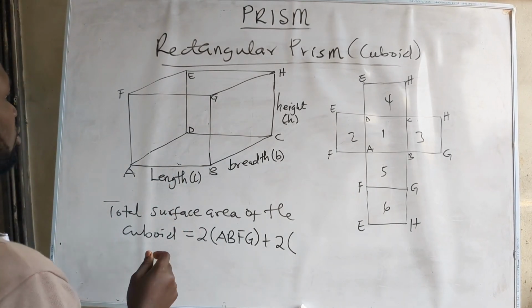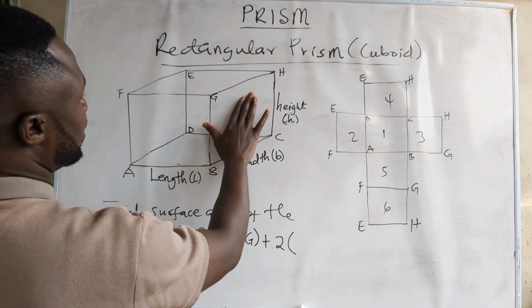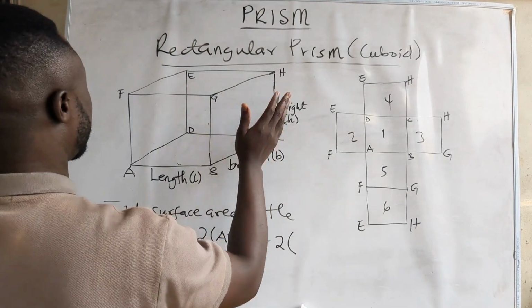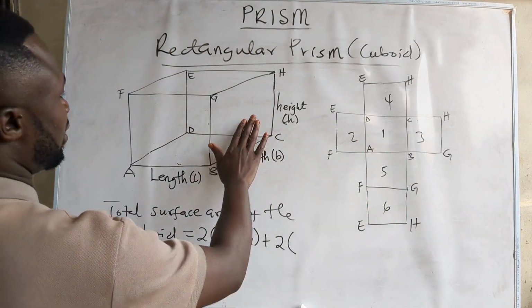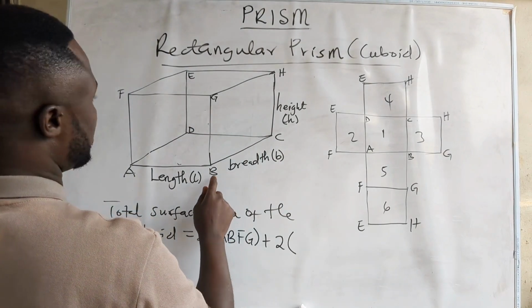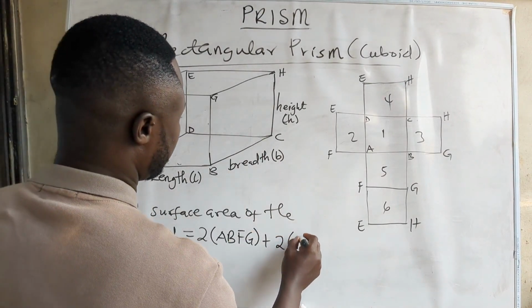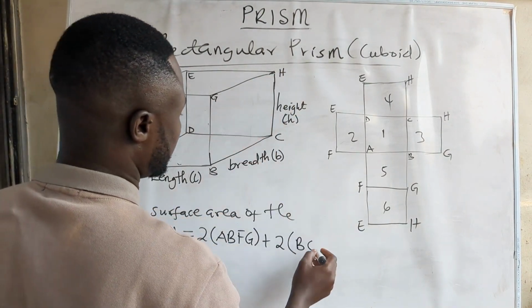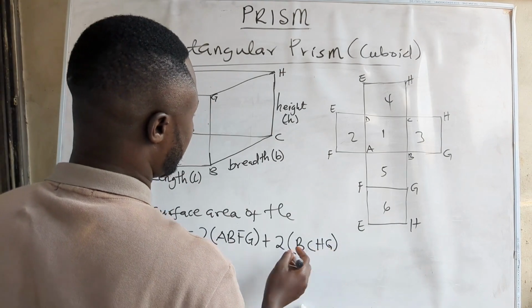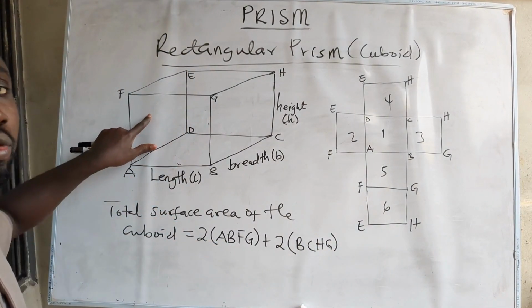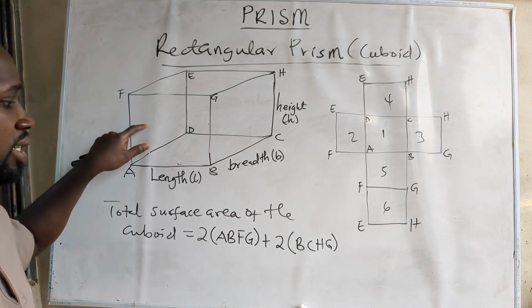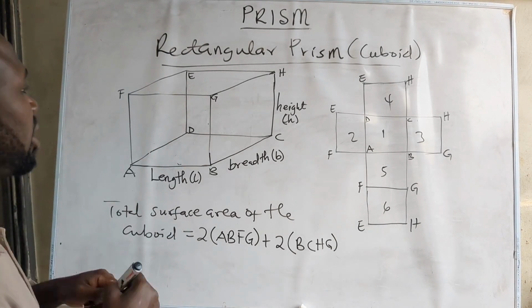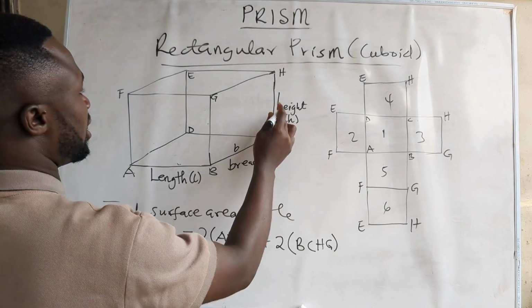So we have looked at this face and this face. Let's look at the face at the left and the right. So the face BCHG, you should take note that it is the same face as what? ADEF. It is the same face here. So here is my breadth and then my height.